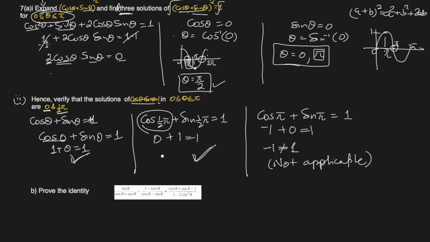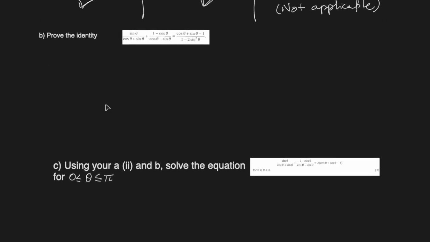All right. Next part. We have to prove the identity. Okay, let's prove this identity, and it has nothing to do with the previous part as of now. So we can see the denominator here is cos theta plus sin theta. Here we have cos theta minus sin theta. So whenever we have different denominators, let's focus on the left hand side.